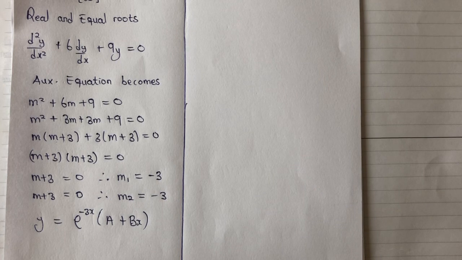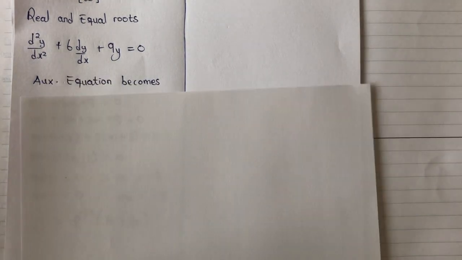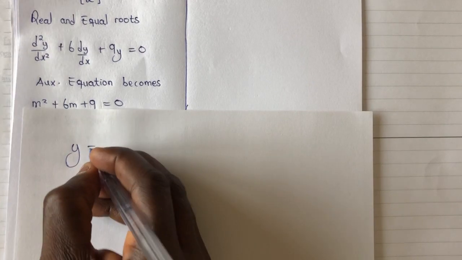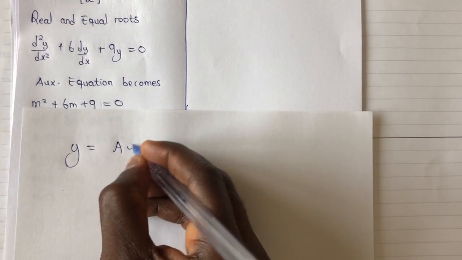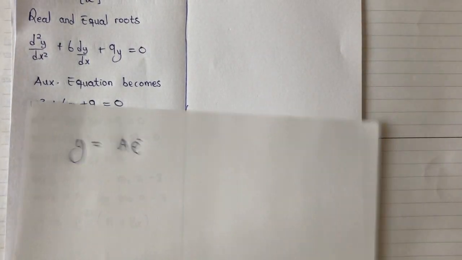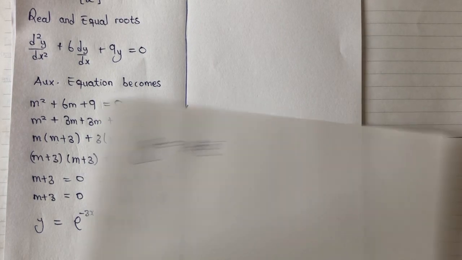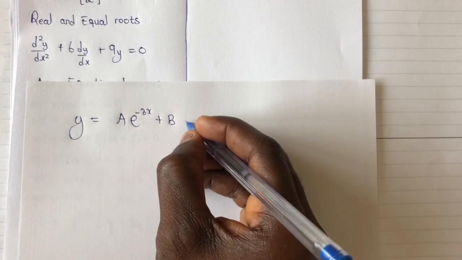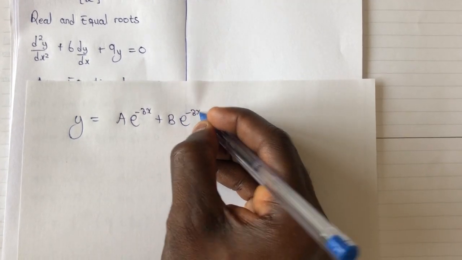So, for you not to be confused about what I have done, I'm going to explain it. Now, in normal circumstances, you were supposed to get y equals A e to the minus 3x plus B e to the minus 3x.